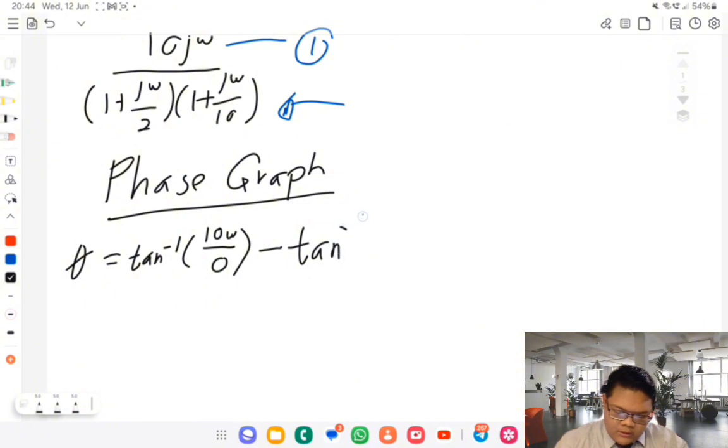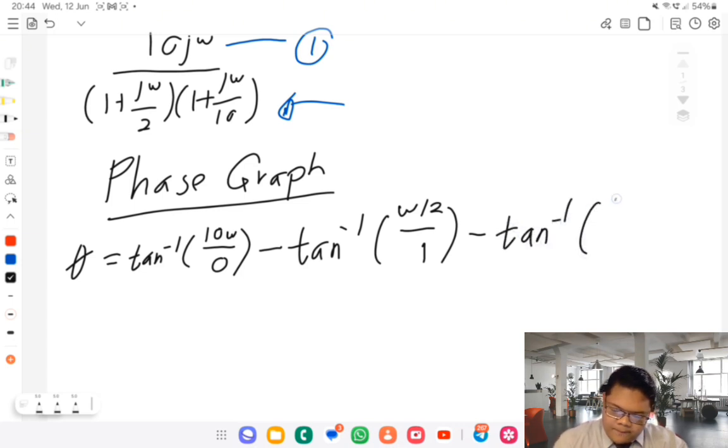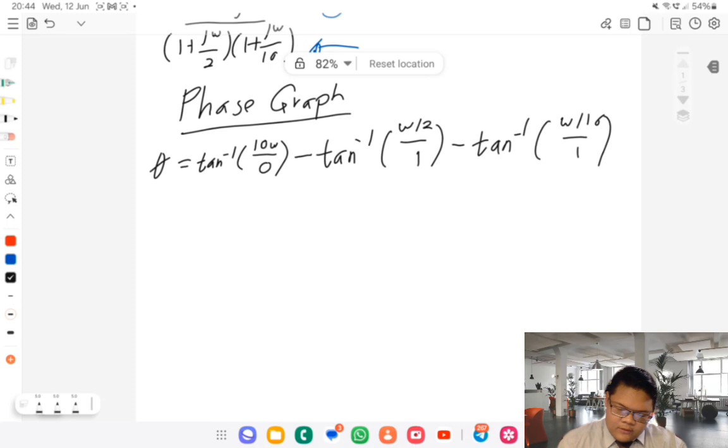So minus arctangent of omega over 2 divided by 1, and then minus arctangent of omega over 10 divided by 1. So here is the first step of the phase graph equation.